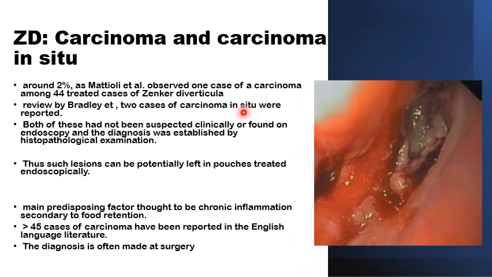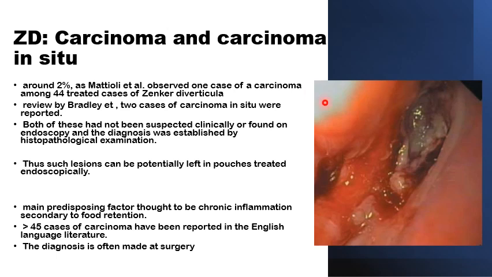And finally, there is this issue of the reported carcinomas and carcinomas in situ within a pharyngeal pouch mucosa. It's quite rare. At one point, there were only about 45 cases reported in the English language literature, but it's now estimated that about 2% of the pouches may have either a carcinoma or a carcinoma in situ. It's very difficult to diagnose it before surgery, but most of them would be diagnosed after clearing of the pouch from any retained food during surgery.